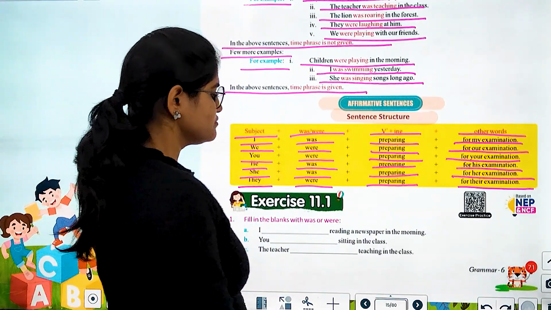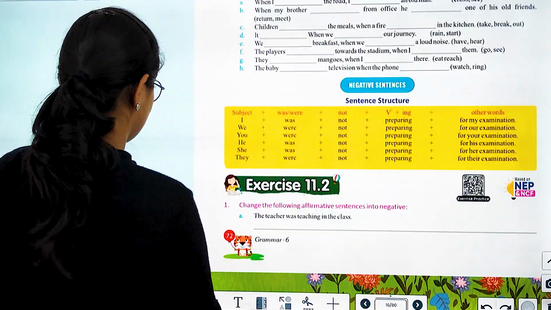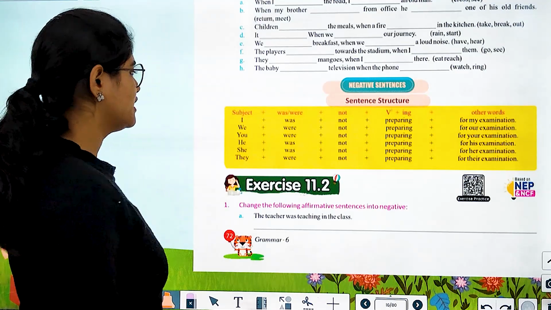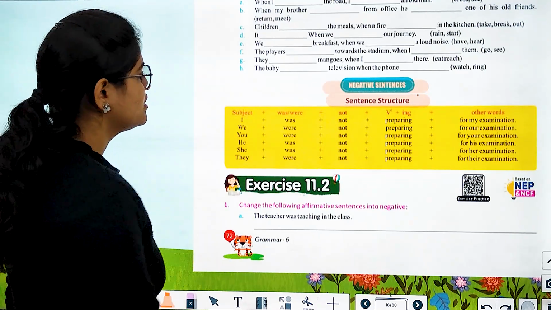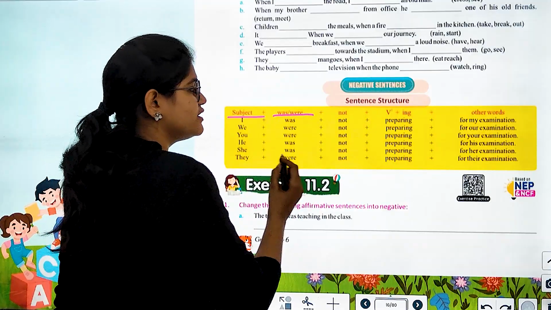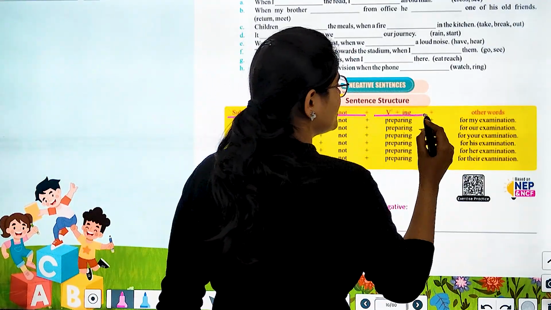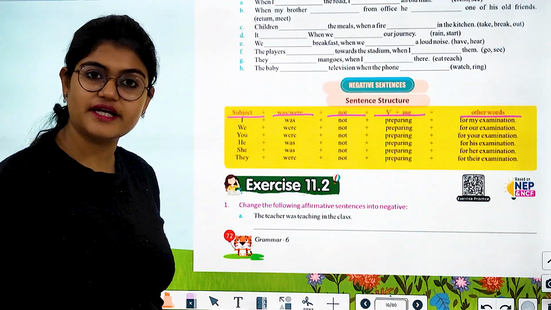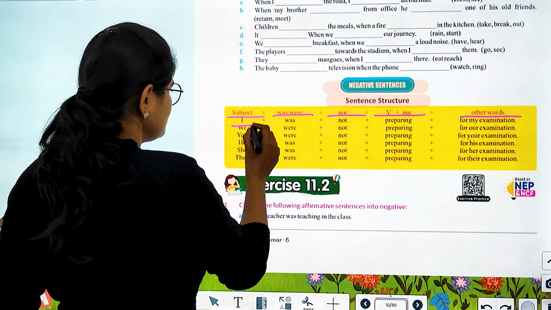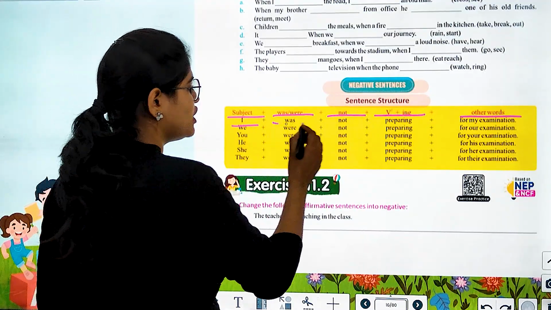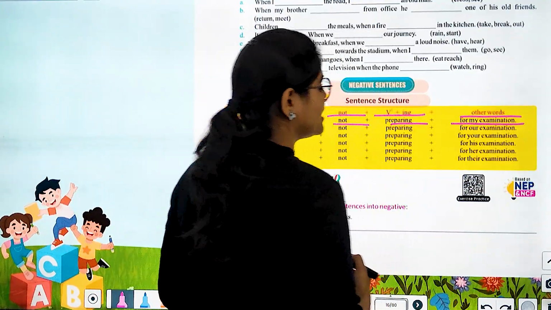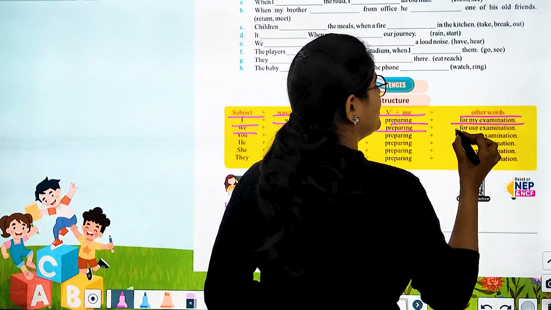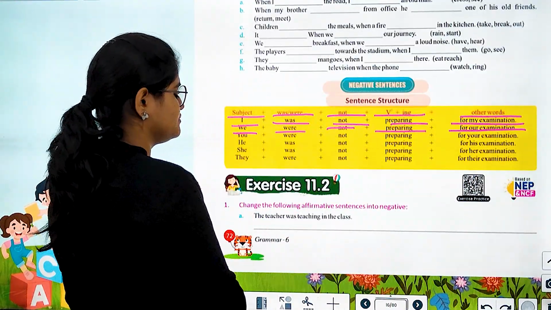Correct? Now, next, moving ahead, we have the negative sentences structure. Correct? So, let's see. Subject plus was or were plus not plus verb का first form with ing plus the other words, right? So they say, I was not preparing for my examination. We were not preparing for our examination.